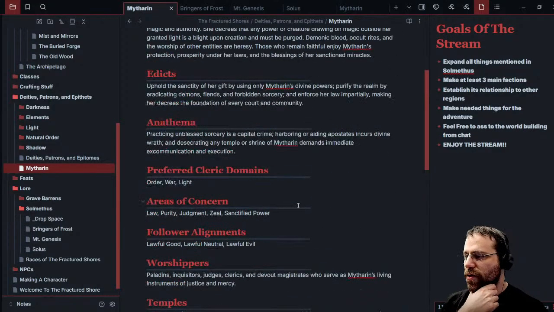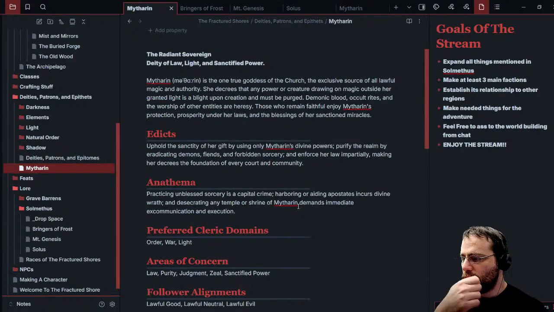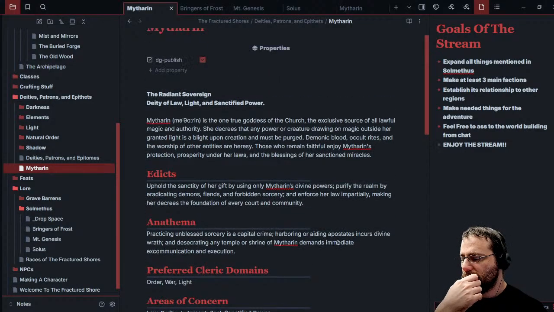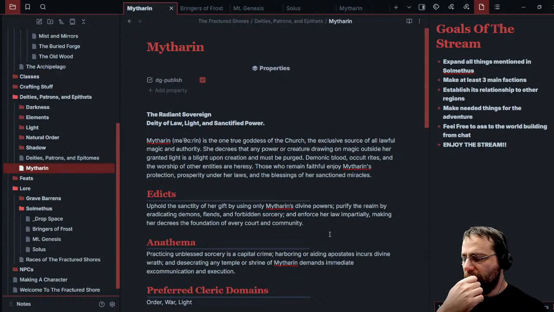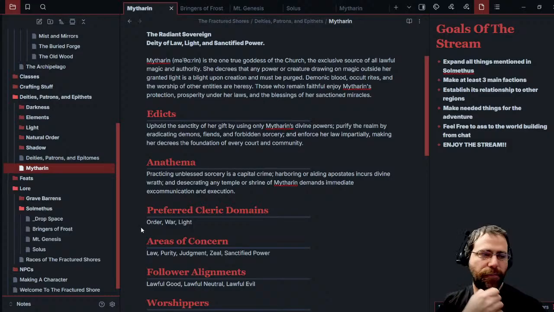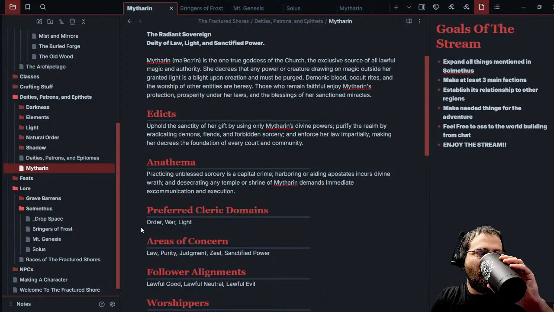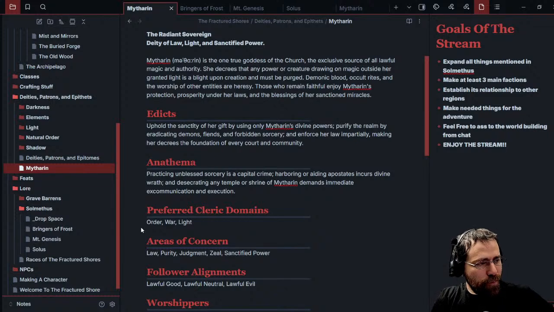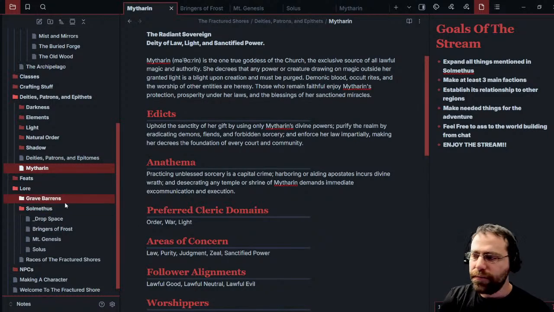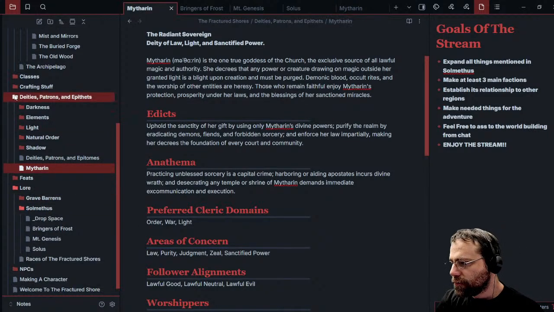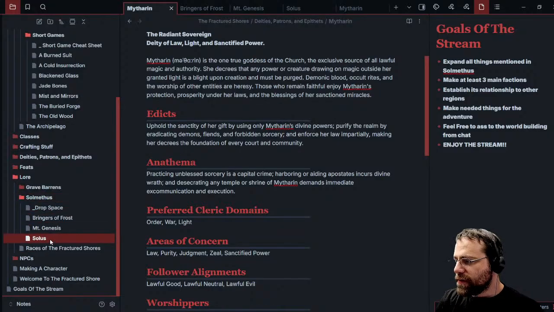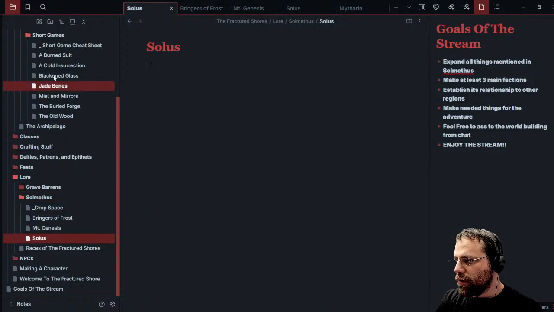Directly is so. Okay, so Order, War, and Light. I need to expand my deities to have a fourth domain. It's a little too rigid. It's fine though.